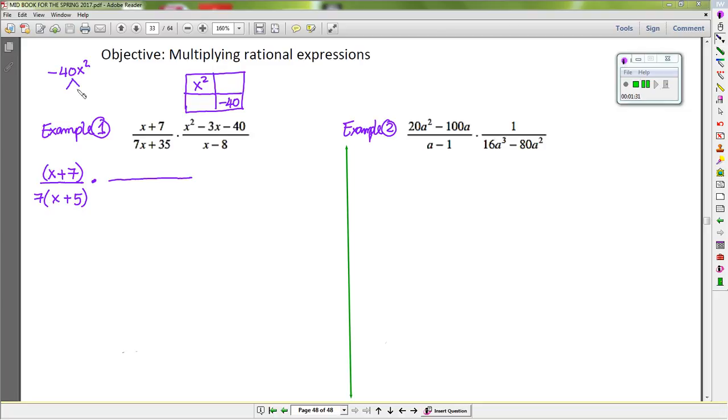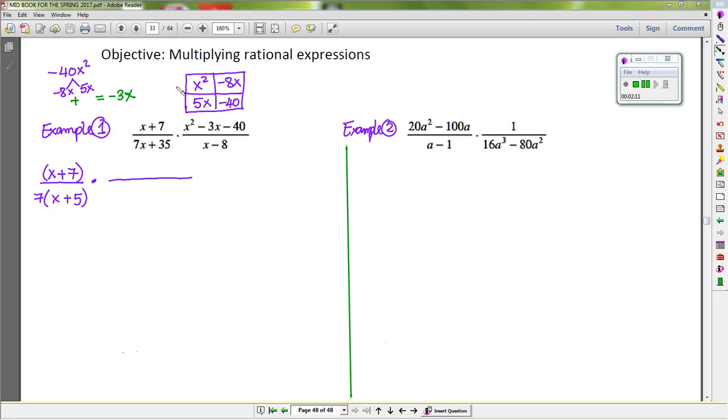Then I'm going to try to find the two factors of negative 40x squared that add up to negative 3x. So now I'm going to go with negative 8x and 5x. If you add up the two like terms, that will give me negative 3x. So I'm going to put here negative 8x and positive 5x.